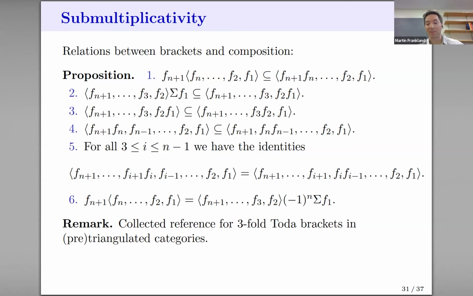But for Toda brackets, the formulas are more scattered. There's a few here and there. So at least now, as a service to the community, we have them in one place if you're willing to specialize to n equals 3. Oh, actually, Dan Isaacson also gave a seminar talk that's available online that had a beautiful list of equations, but we just felt like citing a YouTube video is bad practice. So now there's a written reference.